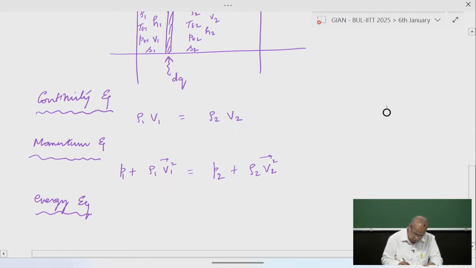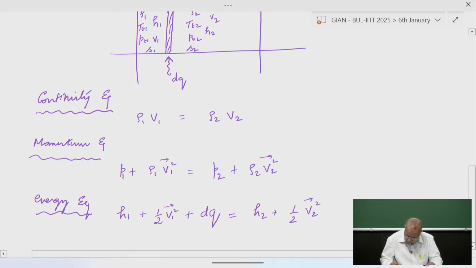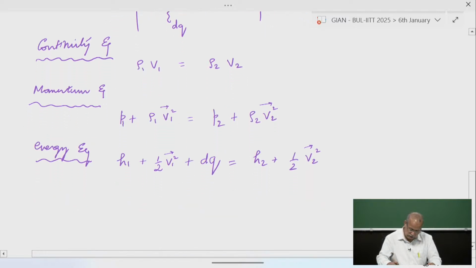So before heat addition, H1 plus half V1 square, that is the energy equation, plus dQ, the heat that is added, will be equal to H2 plus half V2 square. That is the energy equation here. There is no work interaction, so work is not coming into the energy equation here.